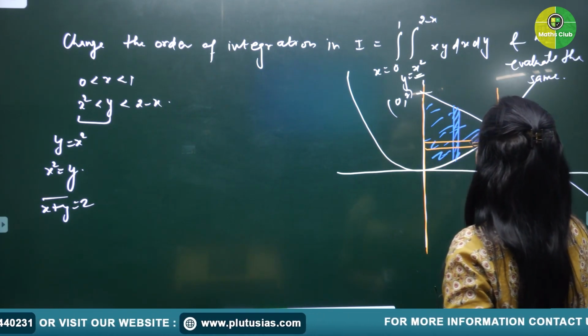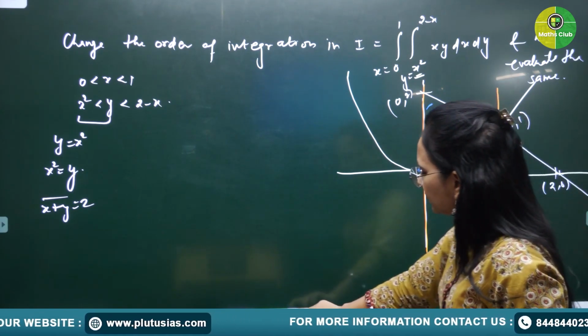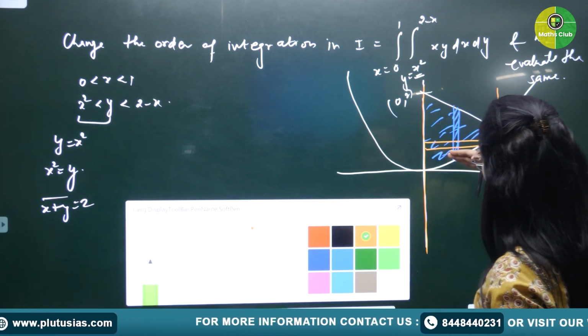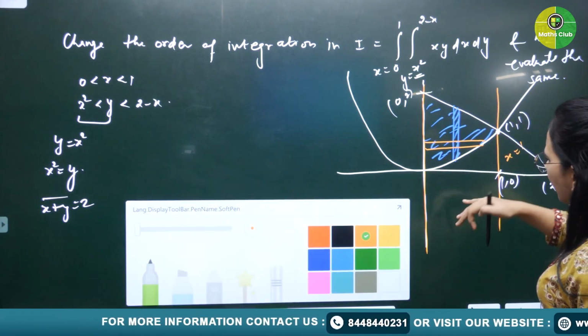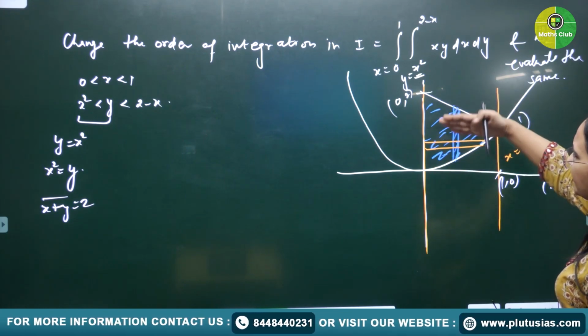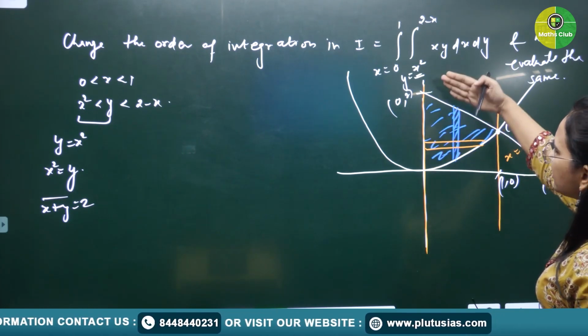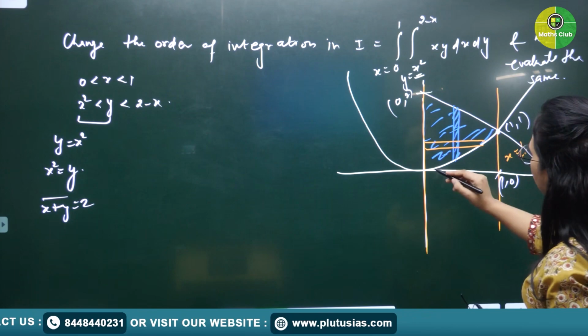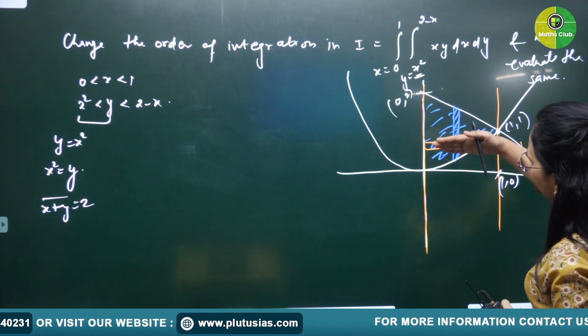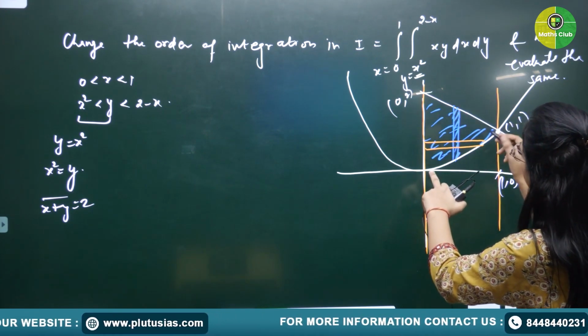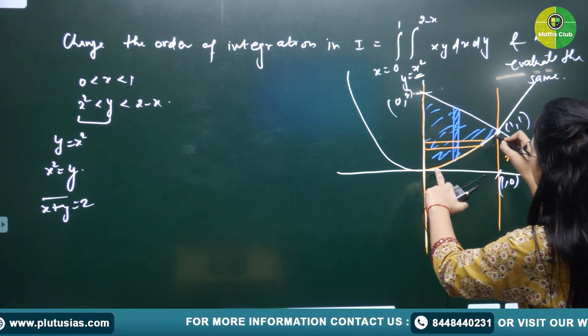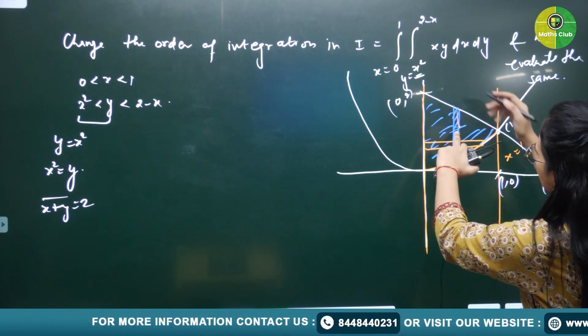And tell me, if I draw a strip here and move this strip upwards and downwards, then wouldn't there be a change of curve? If I move from here to here, then on the downside we have this curve, but on the upper portion we have this curve.